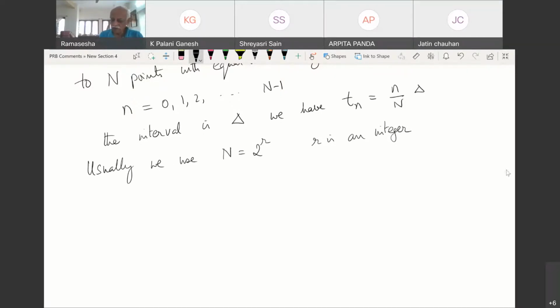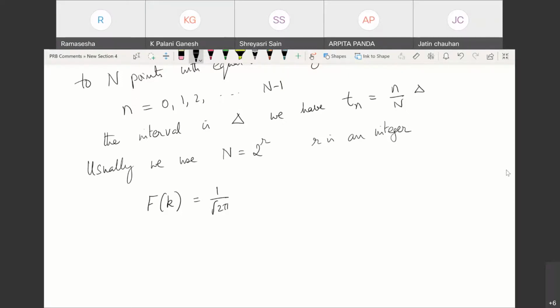So the Fourier transform is 1 upon root 2 pi times the integral of f of x e to the minus ikx dx.